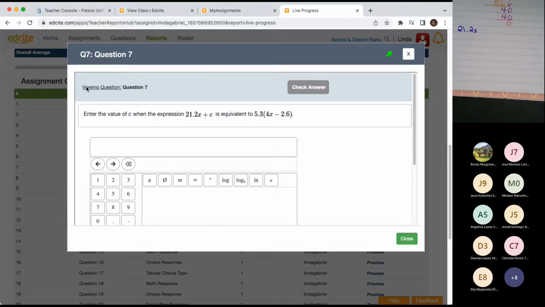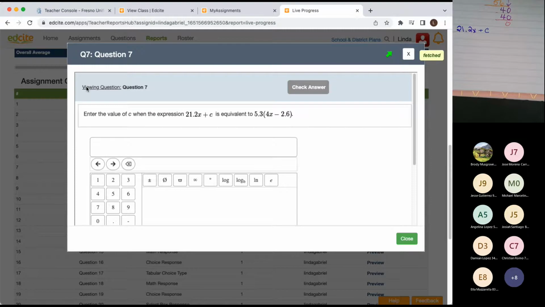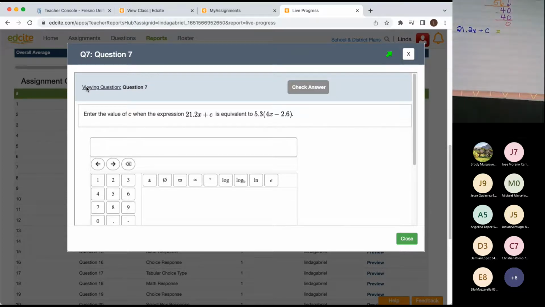21.2x plus c. And it says, enter the value of c when the expression 21.2x plus c is equivalent to 5.3 parentheses 4x minus 2.6 parentheses. And I told you whenever we have an expression, we don't necessarily have an equal sign, because then it would be an equation. But we're going to have an equal sign here because we were given what our expression is equal to.